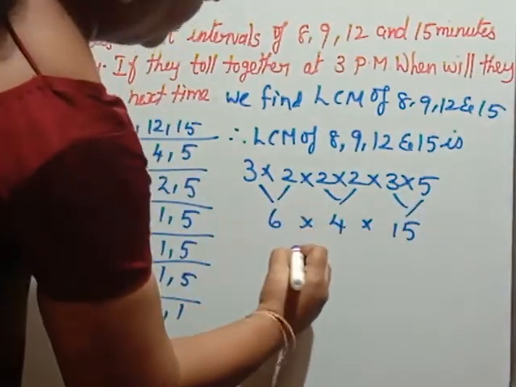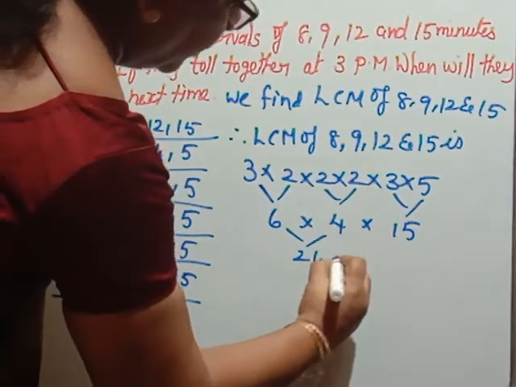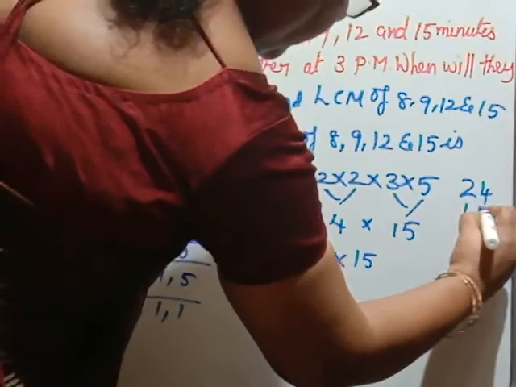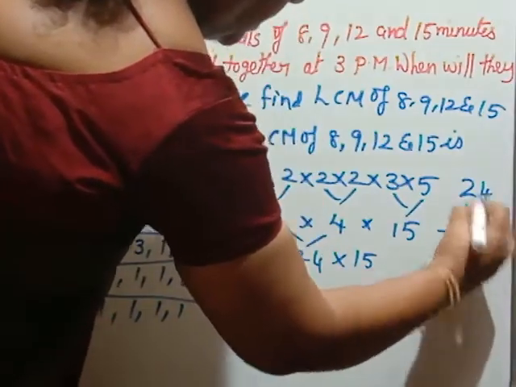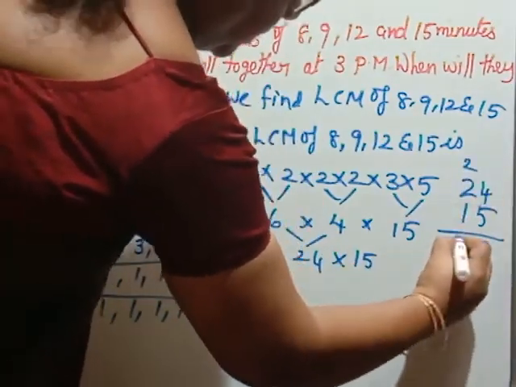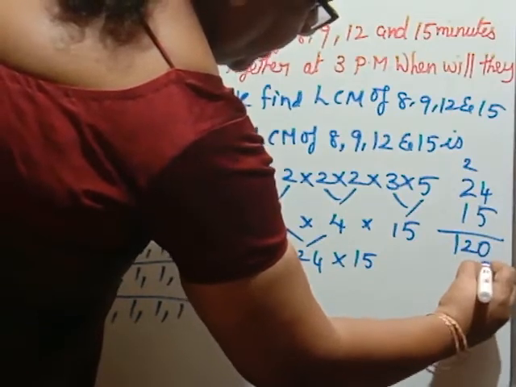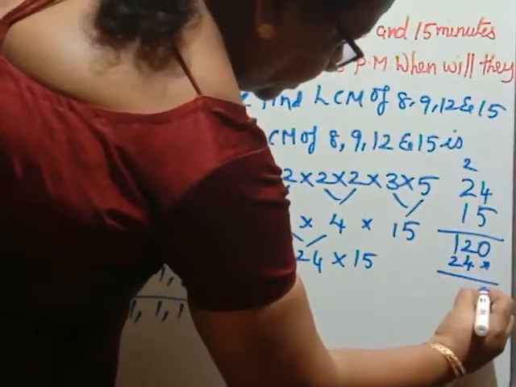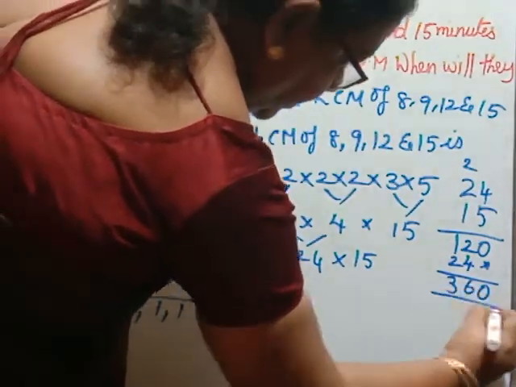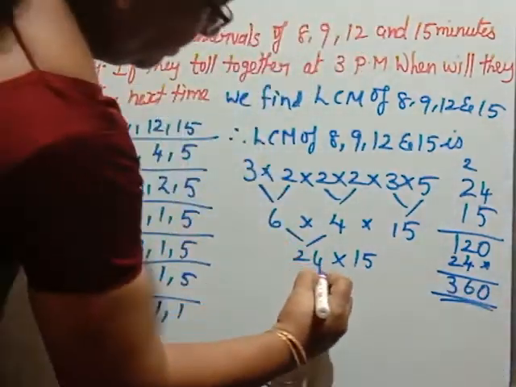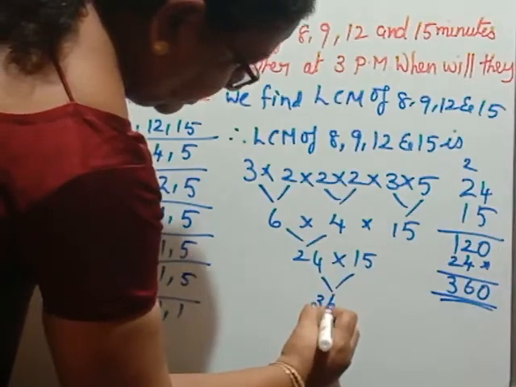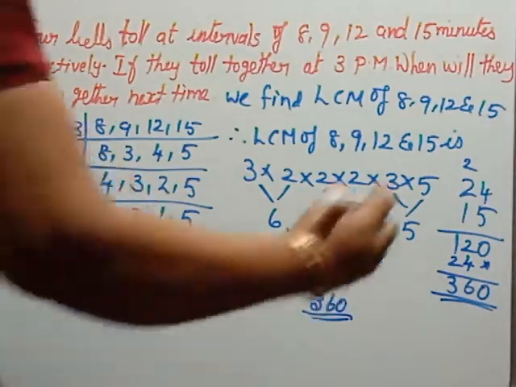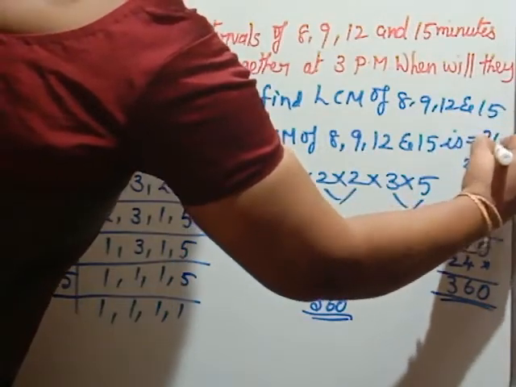Now 6 4s are 24. 24 into 15, I'll do it here for your understanding. 5 4s are 20, remainder 2. 5 2s are 10, 10 plus 2, 12. 1's place over, 4, 2 1s are 2. 360. Now, listen children. We got 360 as the LCM.